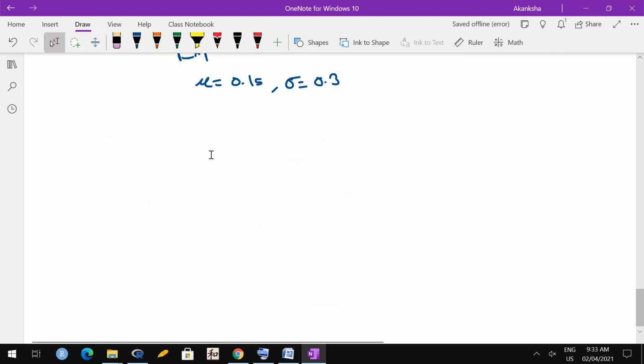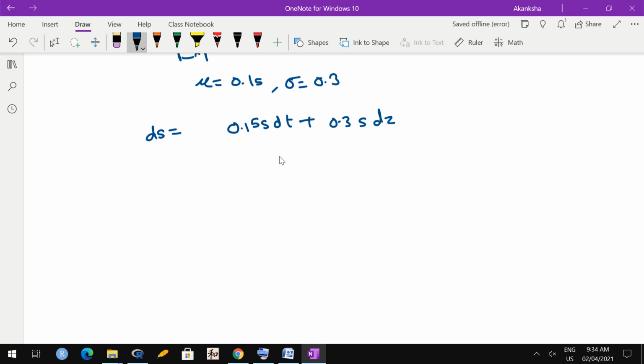Then what can we say about the distribution? We write the Black-Scholes equation: dS is 0.15 S dt plus 0.3 S dz. Using this we can find the distribution of the stock price at any given time point. Suppose I want to know what happens after 1 week.